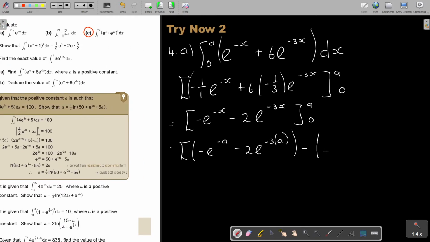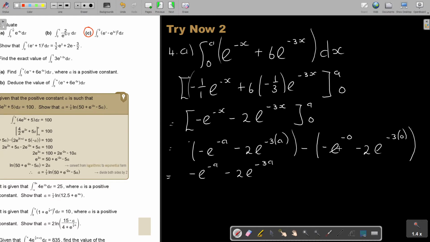Don't always think it's 0, especially with e. So it's negative e to the 0 minus 2e to the negative 3 times 0. Actually this bracket was unnecessary there. Let's just keep this one first: negative e negative a minus 2e negative 3a.